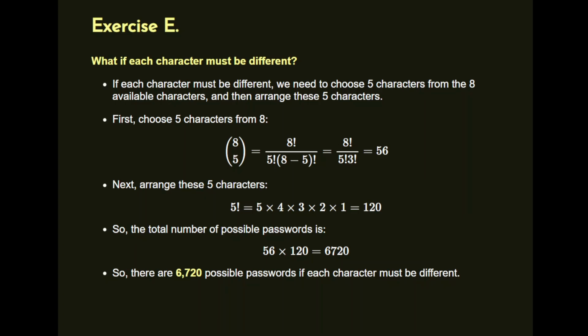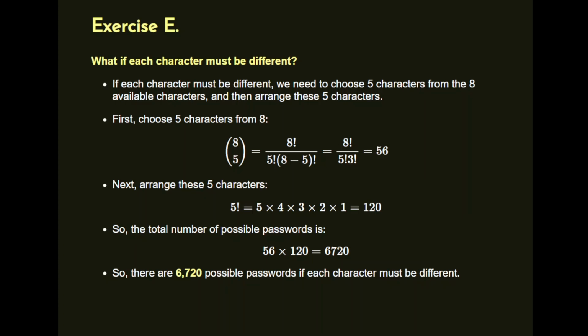The arrangement is one matter, and actually choosing 5 from 8 is another. So here we need to use the binomial coefficient, the choose operator: 8 choose 5, the vertical alignment of 8 and 5 in brackets, whichever way you like to verbalize it.